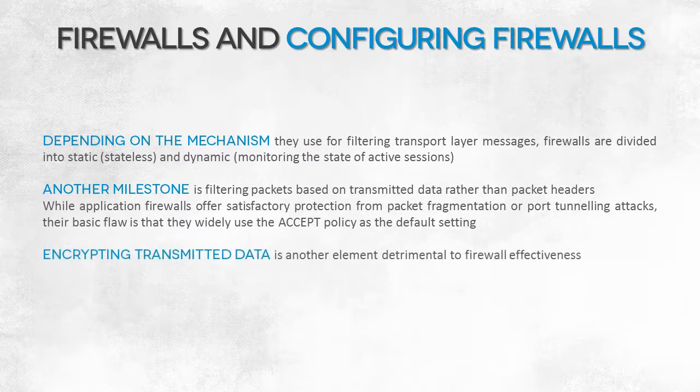A separate issue that should be discussed is the issue of data encryption. With an application layer firewall installed and configured, another problem arises. That is, when the firewall should let packets through and when to block them if the data is encrypted. The firewall should be able to, first, decrypt the data and later re-encrypt it.